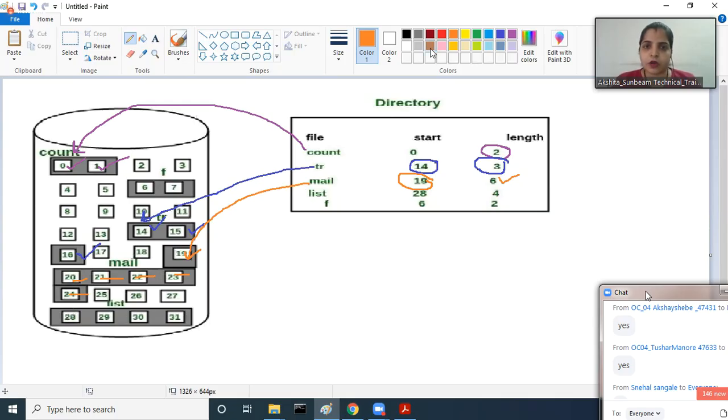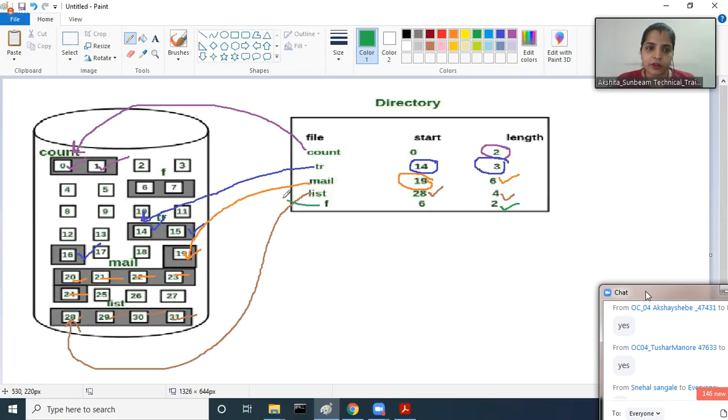Suppose the next allocation is for the list file, which needs 4 length, and I got starting block 28. So it will start from 28, 1, 2, 3 and 4. And finally, I have, let us say, file F, which is starting at, let us say, 6th block, which needs 2 memory blocks.